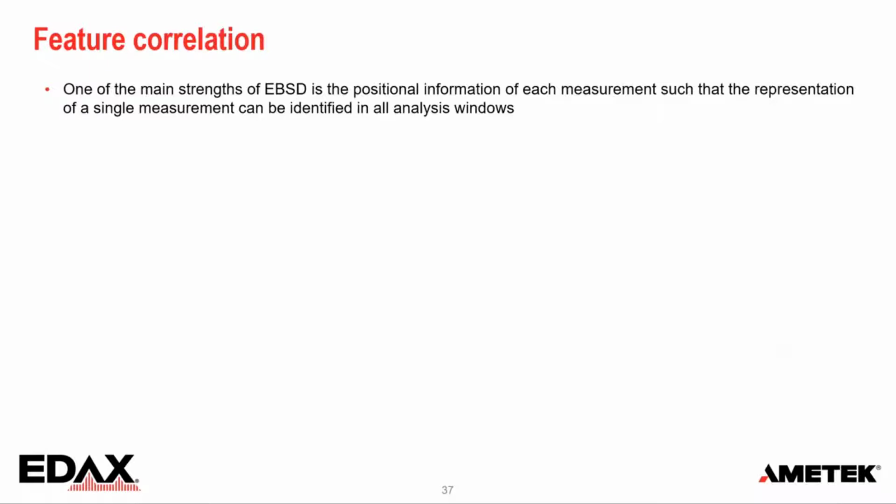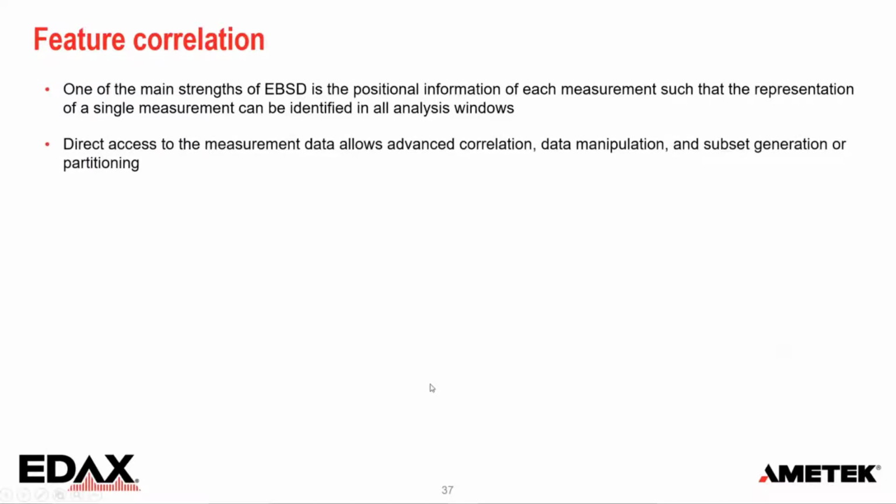So it's not a bulk measurement that is averaged on a sensor, it's really localized, which means that we can correlate the different features between plots and maps and charts, etc. And this correlation, this direct access to this data that allows you this correlation, we can really do a special data manipulation and subset generation. So just an example for that.